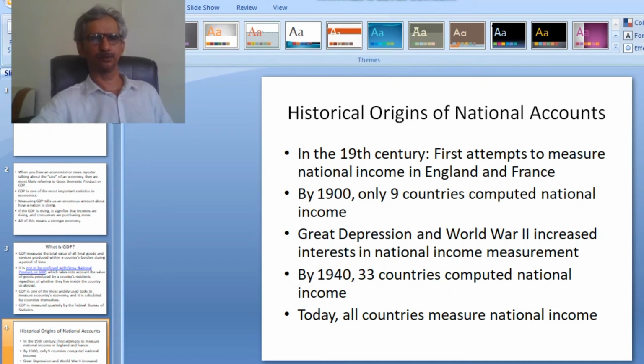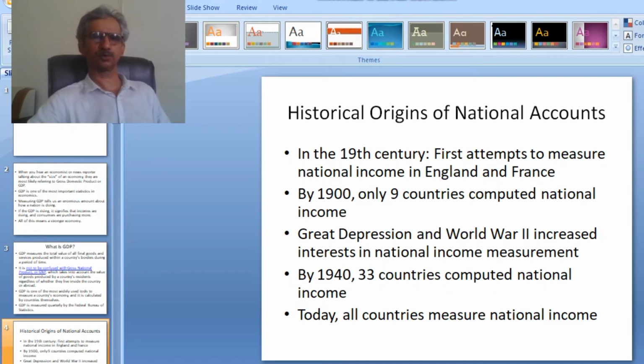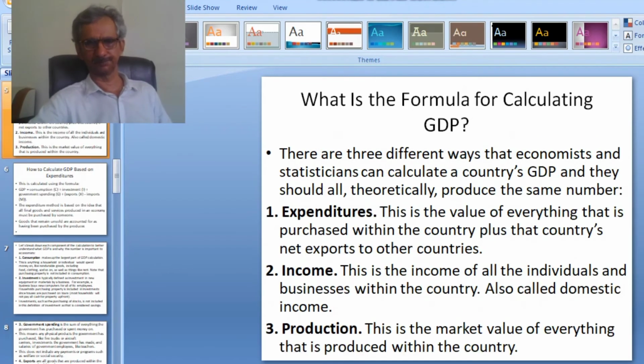Both economists received the Nobel Prize for their work on national income accounting, that is, how to measure the national income of a country. So today all countries measure their national incomes. After the Great Depression, most countries started to measure the GDP of their country.